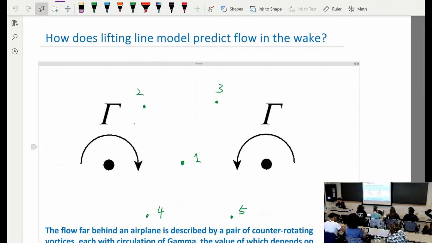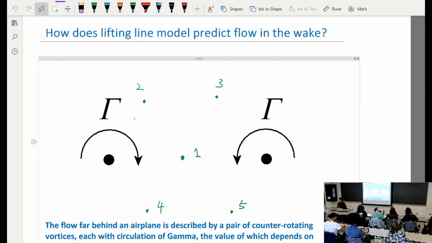So now, the lifting line model basically predicts the flow in the wake as induced by a bunch of trailing vortices. First of all, we are going to look at the simple scenario where there are just two trailing vortices, one coming from the left wingtip, one from the right wingtip.